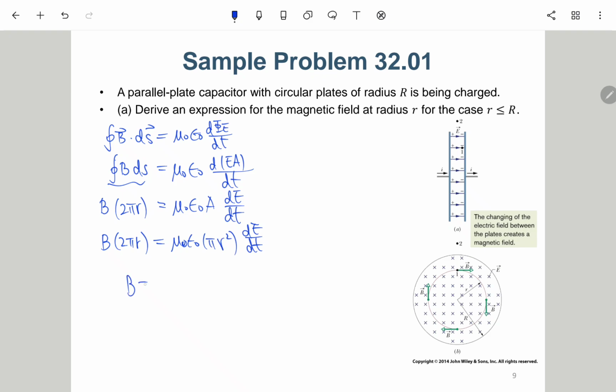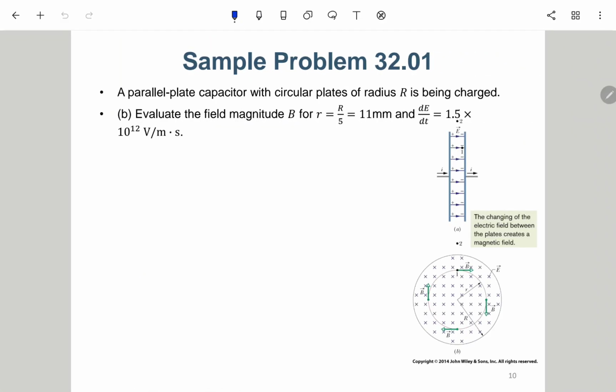So finally B equals mu 0 epsilon naught r over 2 times dE dt. Okay, so this is the expression for the B field with r smaller than or equal to capital R.